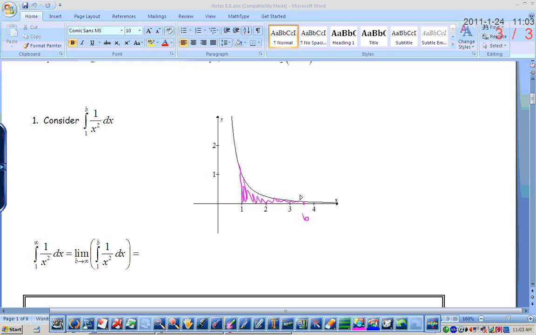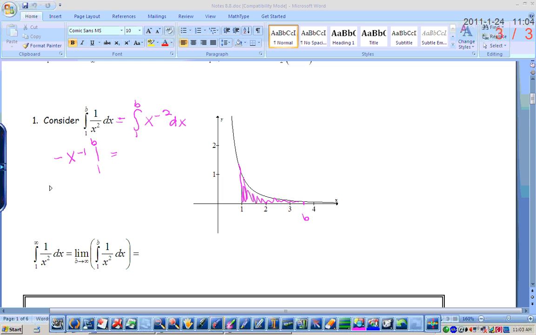Okay, so if I wanted to continue to do this just in terms of b, then I would integrate from 1 to b, and it would be easier to rewrite this as x to the -2 dx. All right, what's the integral of x to the -2? Negative x to the -1, and then I would go from 1 to b.